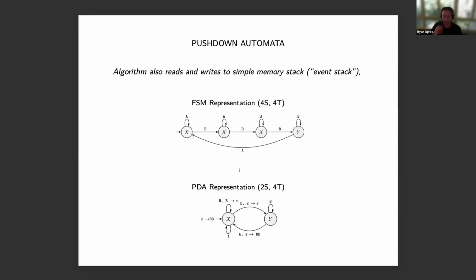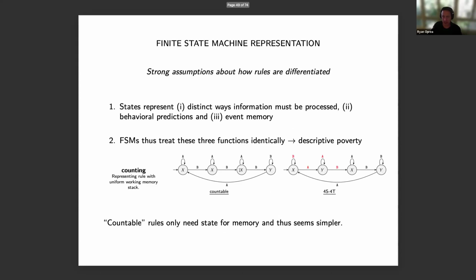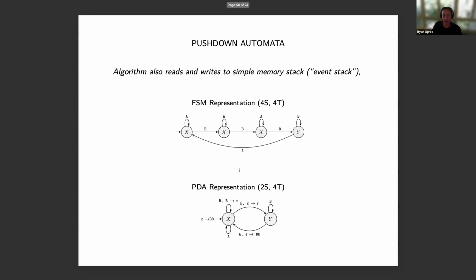We can differentiate these 2 rules from one another if we go one step down on the Chomsky hierarchy to a more descriptive language, so those are called push-down automata. I'm not going to go into the details here, but a push-down automata is like a finite state machine, but it puts memory into a separate object called a memory stack. It looks like this.